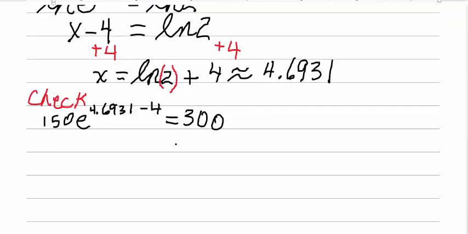So I use my calculator. You can, if you want to, it may be a little easier to go in and do the 4.6931 minus 4, which is 0.6931. So this should be something very close to 300.